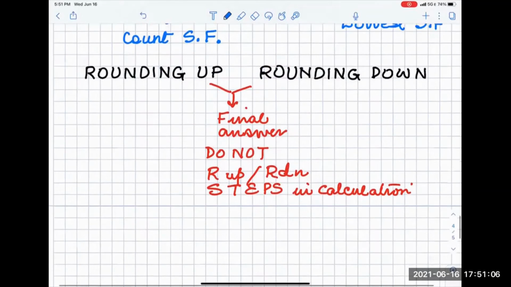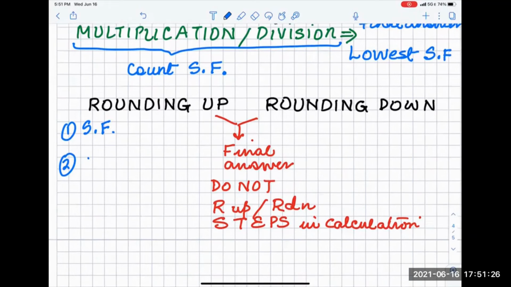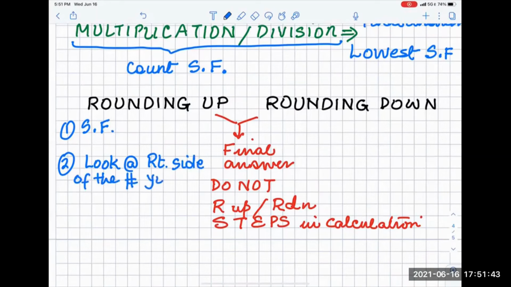Anyway, so when do you do the rounding? First of all, you should know how many significant figures you need. Then you look at the number to the right side of the number you need to keep.